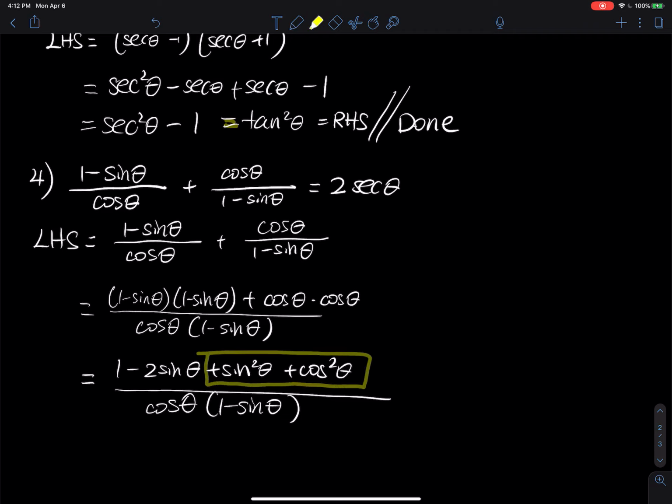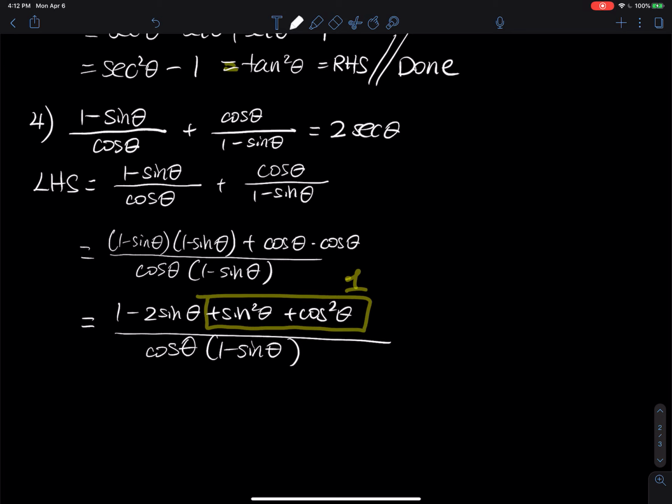You can do this. That is equals to 1, right? And then the 1 is not cancelled. You still have a 1 minus 2 sine plus 1. So you have 1 plus 1 that equals to 2. 2 minus 2 sine, and then divided by cosine, 1 minus sine.